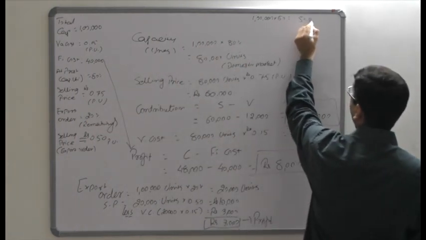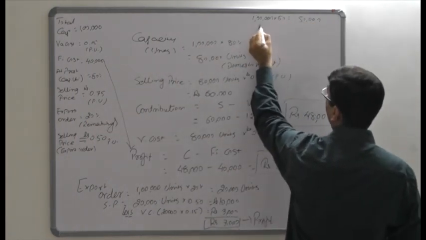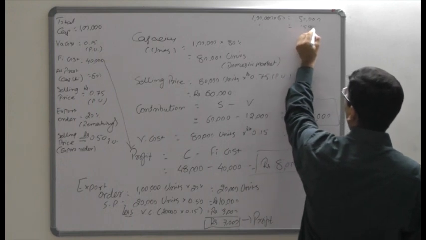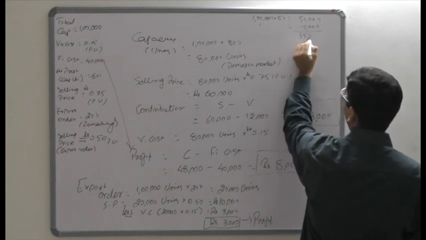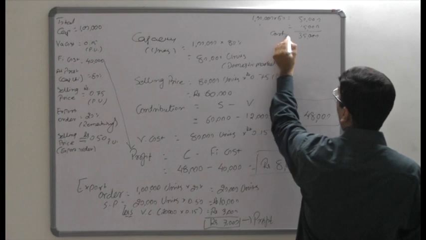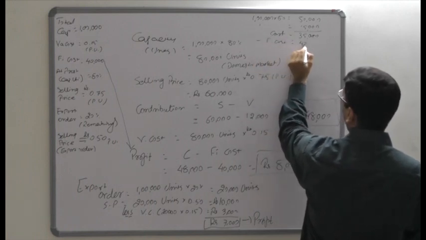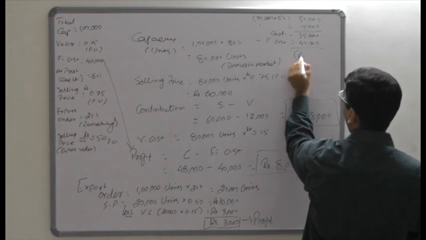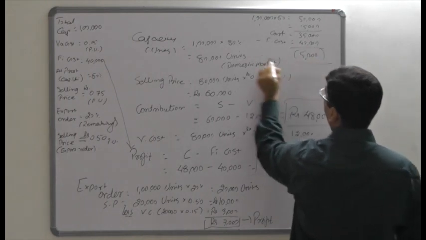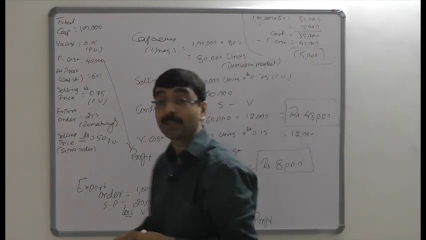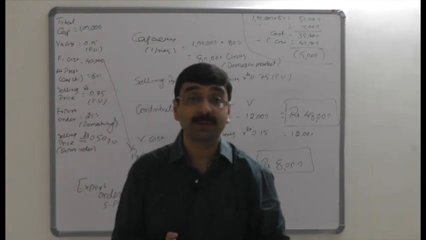So your sales is 50,000, then variable cost is 15,000. In that case, the remaining contribution is 35,000, less fixed cost of 40,000, and in this regard you have a loss of 5,000 rupees. So the decision is to be taken in a different way.